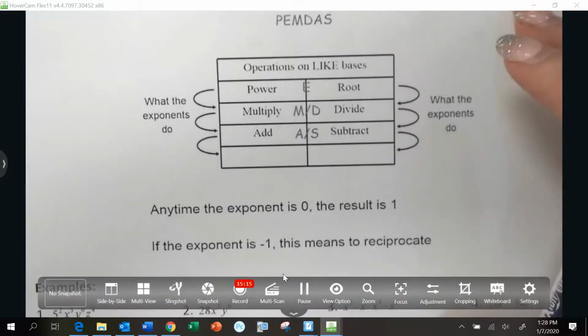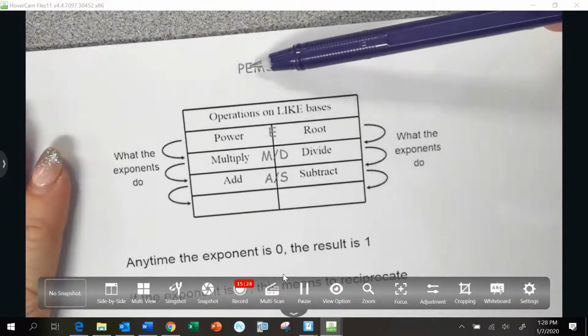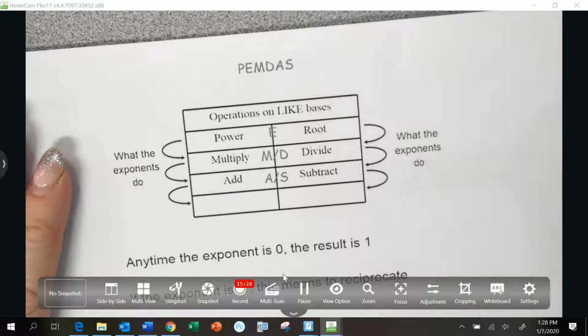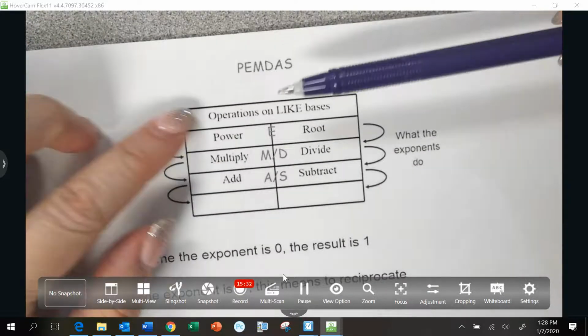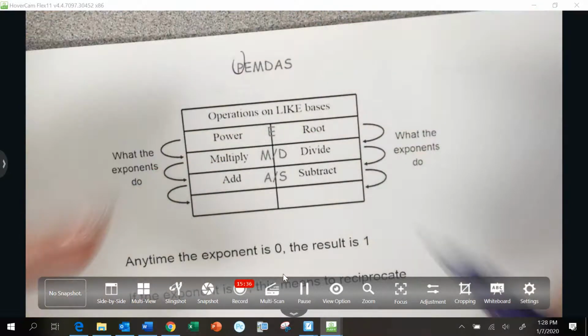I have this chart. This is my what-to-do-to-the-exponents chart. Normally we think about order of operations: power, exponent, multiply, divide, add, subtract. The parentheses are not really part of my chart.